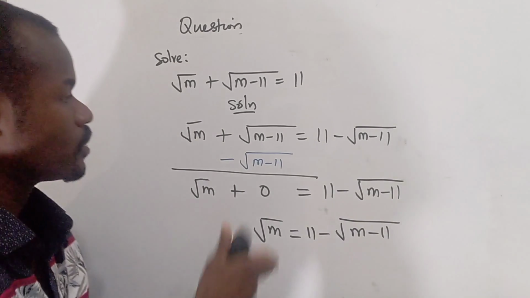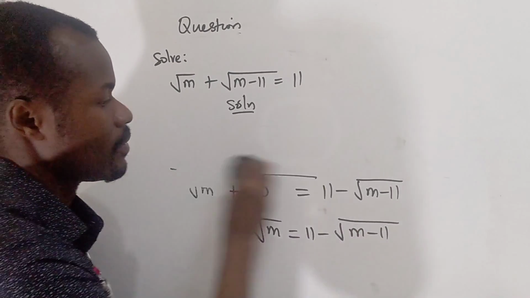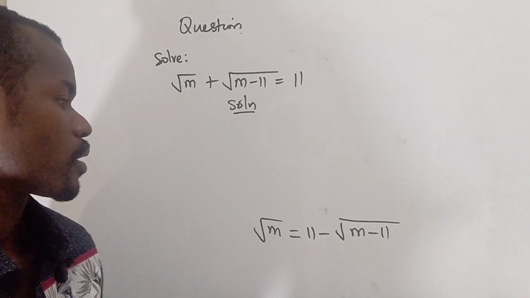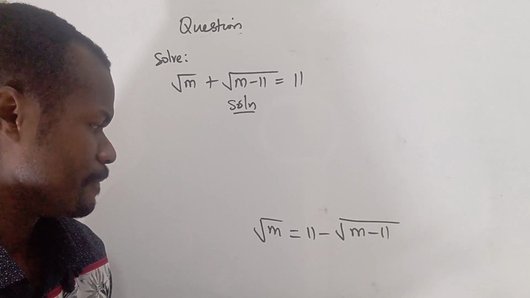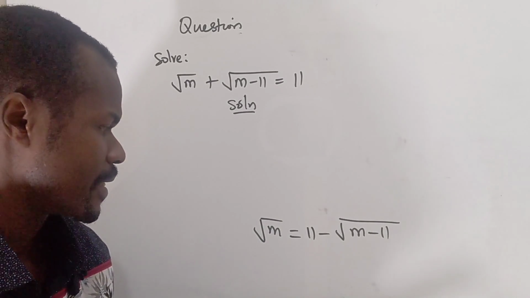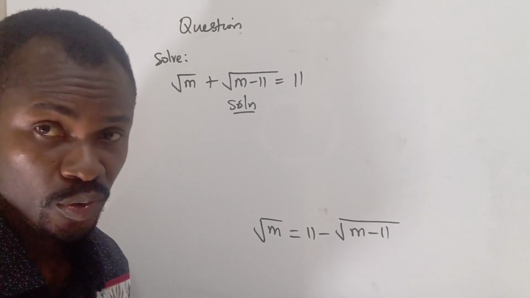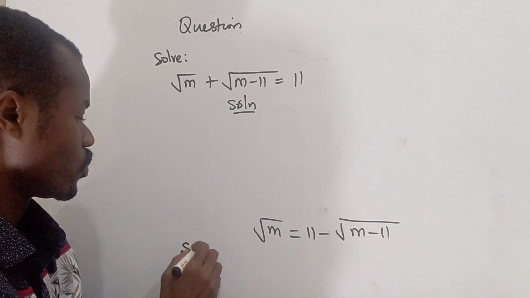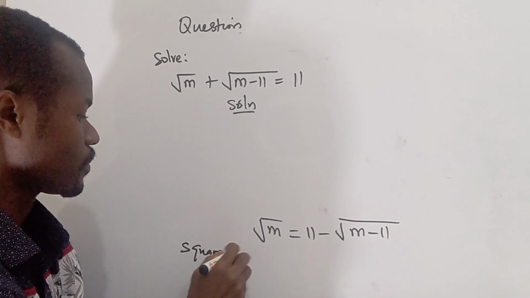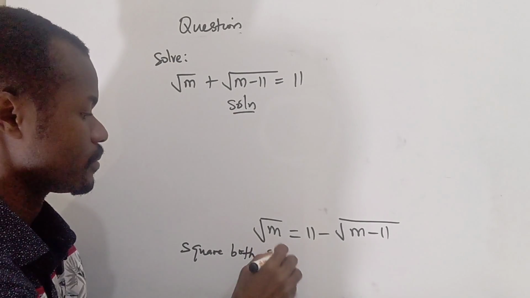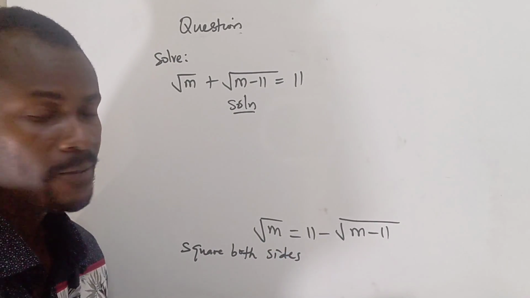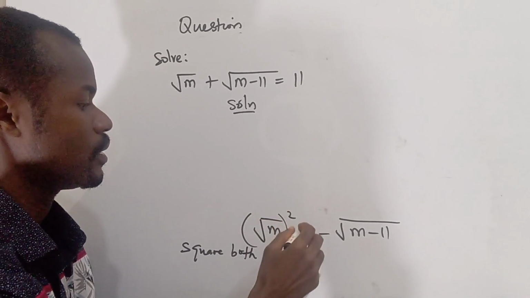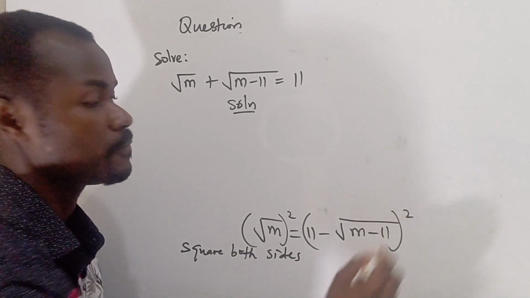Alright, so from this point, what's our next step? From this, I can now square both sides. If I square both sides, it means I'm going to square this and square this.